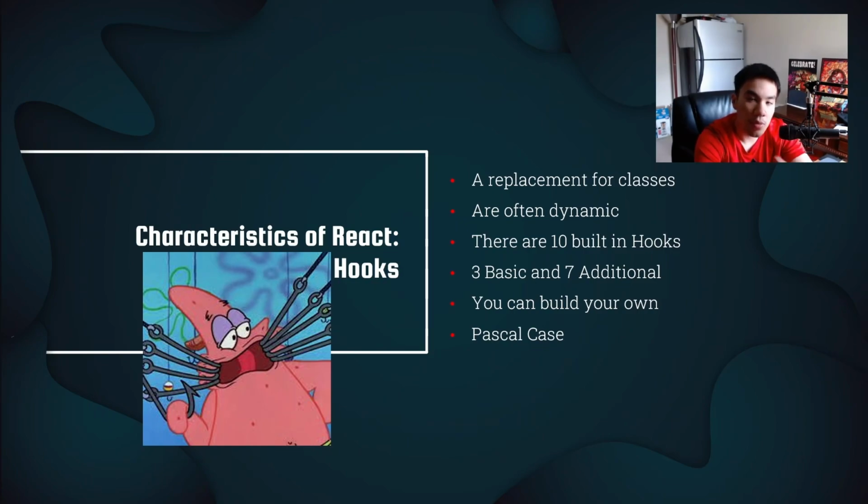But of course you can always build your own, and hooks always start with use, and they use Pascal casing. And I'll have a graphic for you to explain what that is on the next slide. But you can also only call them at the top of the function underneath function App, and they won't work in classes, so keep that in mind.